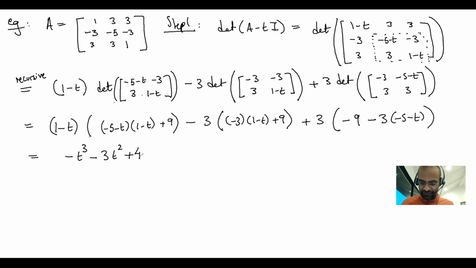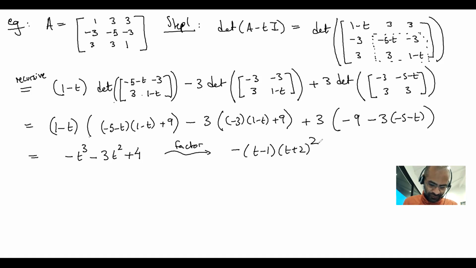And now you need to find the roots of this. As somebody mentioned, I don't expect you to know the formula for finding roots of a cubic polynomial. There is a formula. In this case, I happen to know it, so I'll just tell you that you can factor this as follows. This is equal to minus (T minus 1) times (T plus 2) squared.